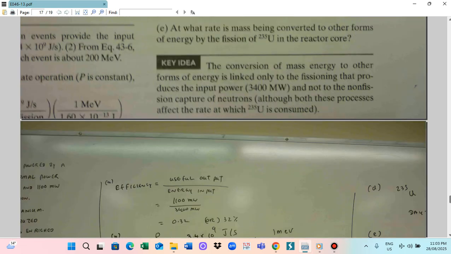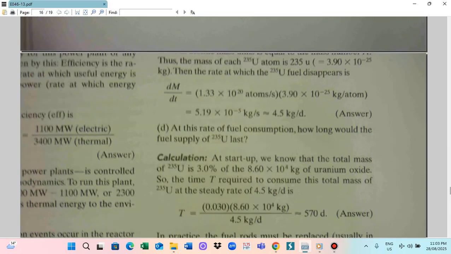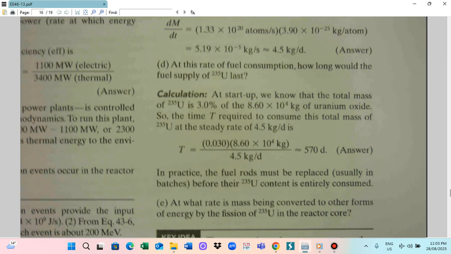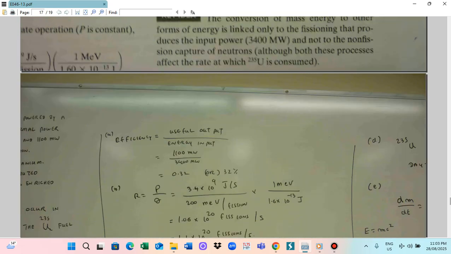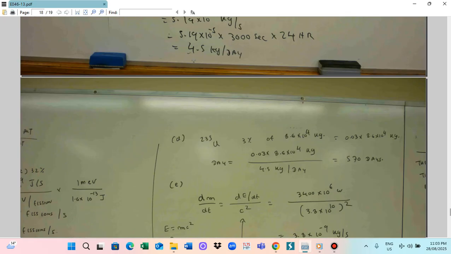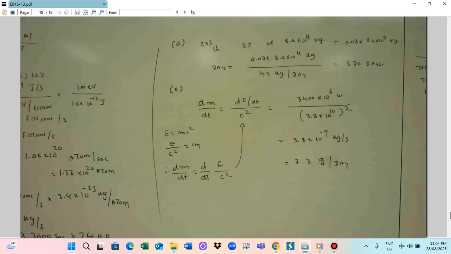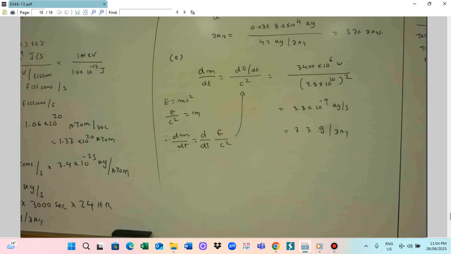The rate of change is dE by dt divided by c squared, because E is equal to mc squared, so E divided by c squared is equal to m. Therefore, dm by dt is equal to dE by dt divided by c squared.